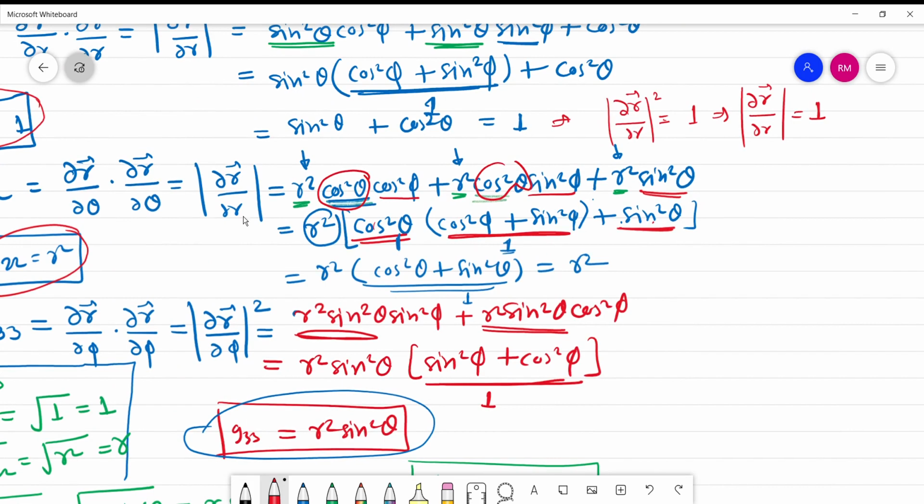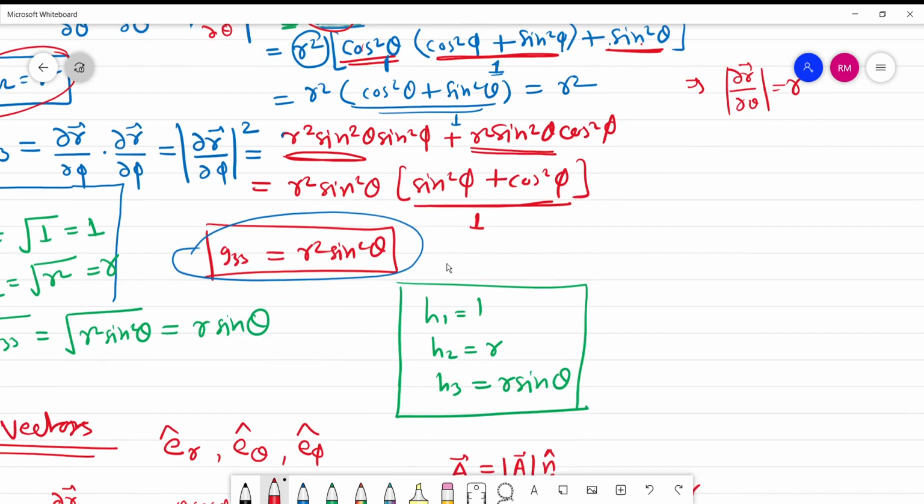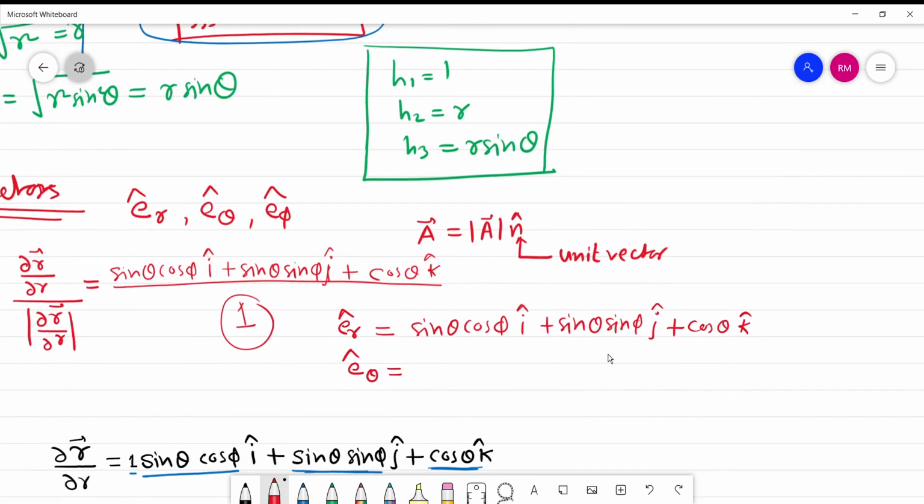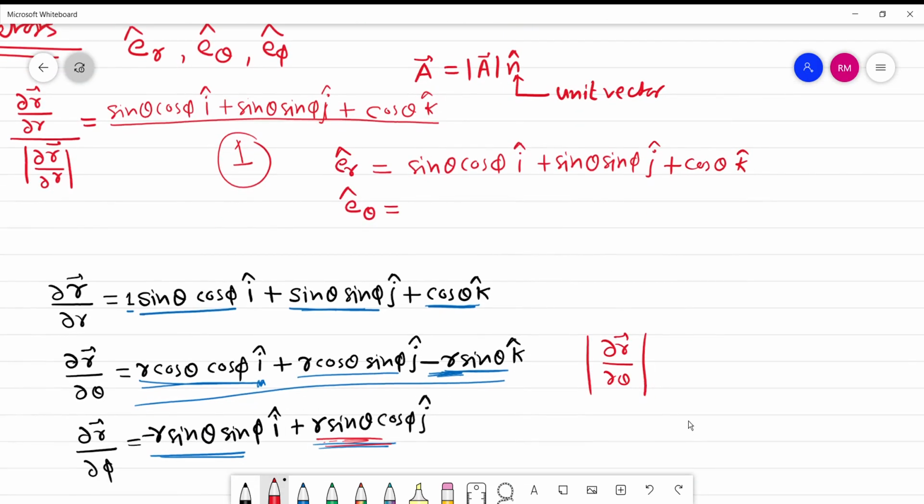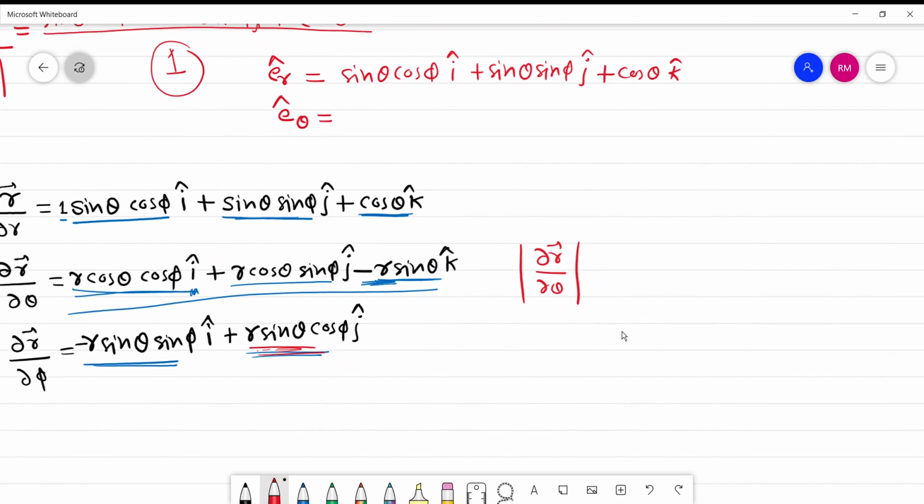I should write here delta theta. So what I know from this, delta r bar by delta theta is equal to r, right? Because here is a magnitude square. Okay, let's carry it downward.